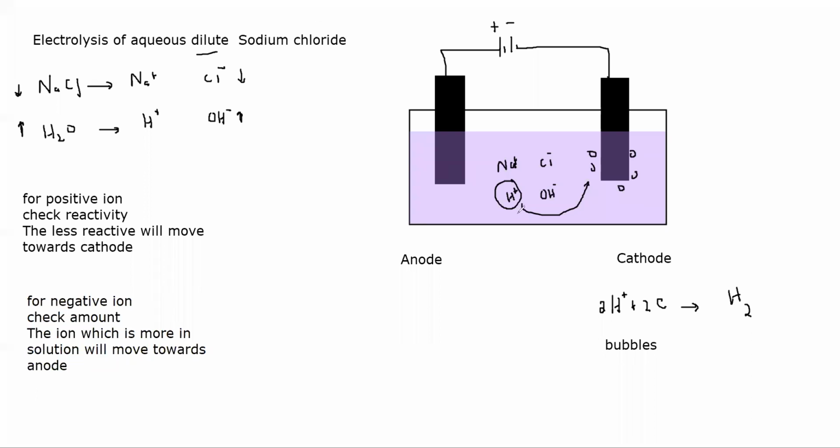So which negative ion is more in this electrolyte? Chloride ion or hydroxide ion? Hydroxide ion.